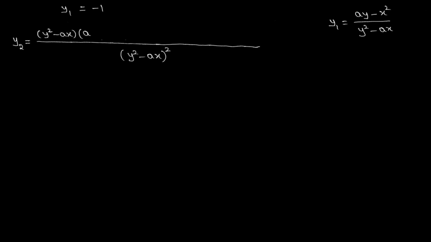When we differentiate numerator, a is constant, we have kept as it is. Differentiation of y will be y1. Yes, we have written y1 minus differentiation of x square is 2x. Then as per the quotient rule, minus will come in between.